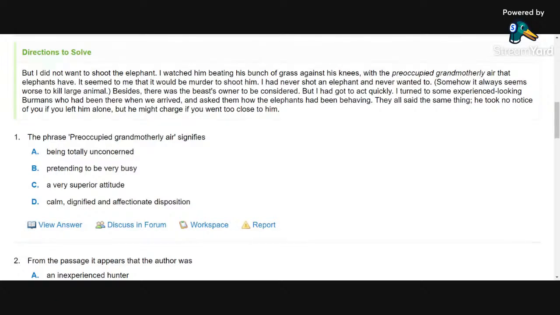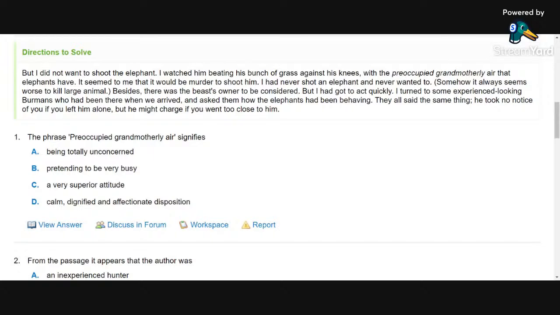Okay, good. Okay, so let's read it. But I did not want to shoot the elephant. I watched him beating his bunch of grass against his knees with the preoccupied grandmotherly air that elephants have. It seemed to me that it would be murder to shoot him. I had never shot an elephant and never wanted to. Somehow it always seems worse to kill a large animal.